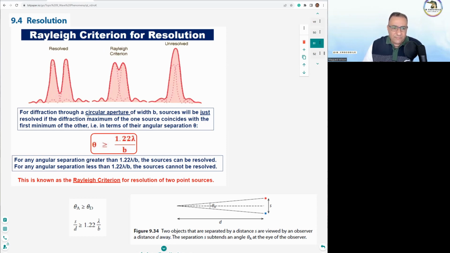Let's assume that light is diffracting through a circular aperture or slit. This circular aperture is basically the telescope, or it could be the pupil of the eye. Each object will have its own profile, which we call single slit diffraction. So here I have a single slit diffraction profile from a certain object and another single slit diffraction profile.